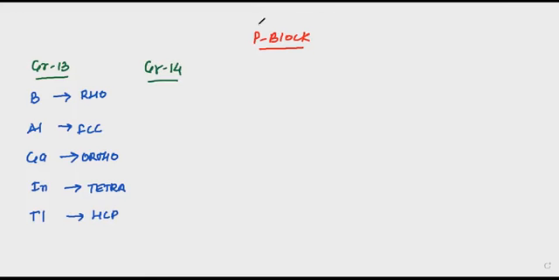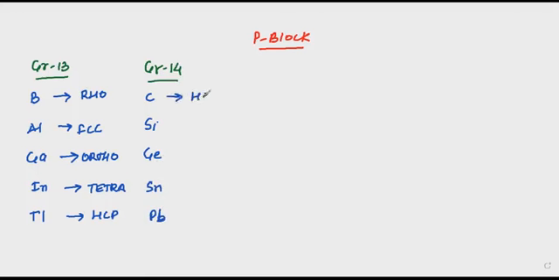Now you see in group 14, this is carbon, silicon, germanium, tin and lead.